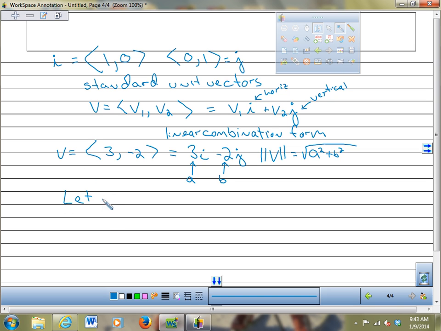So for instance, say we let u equal 2i plus j, and v equals negative 3i plus 2j, and they say find 2u minus v.